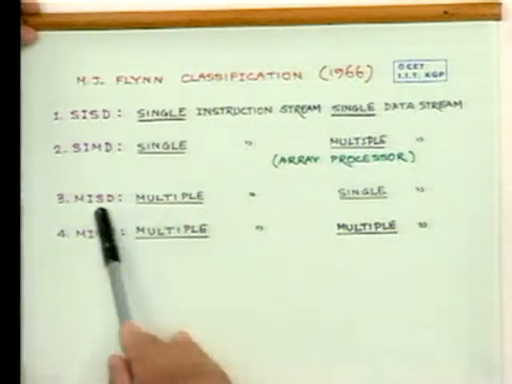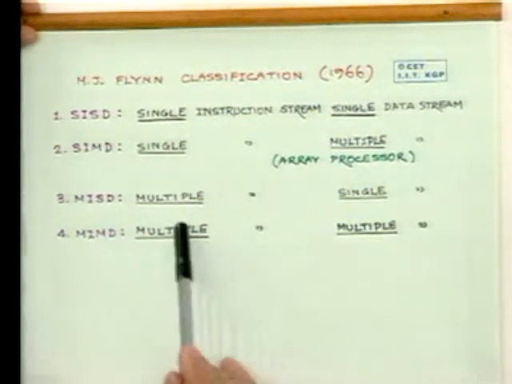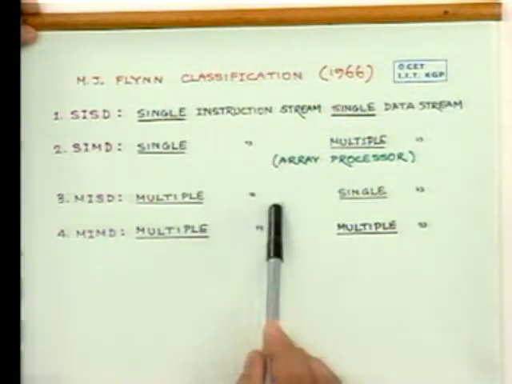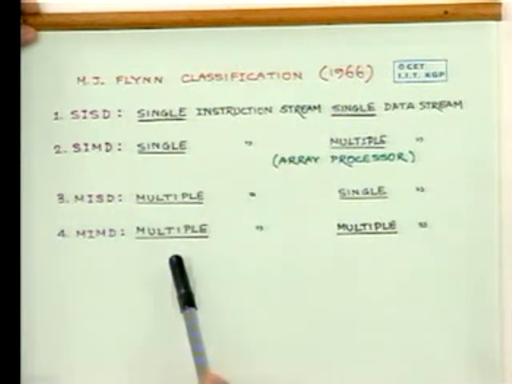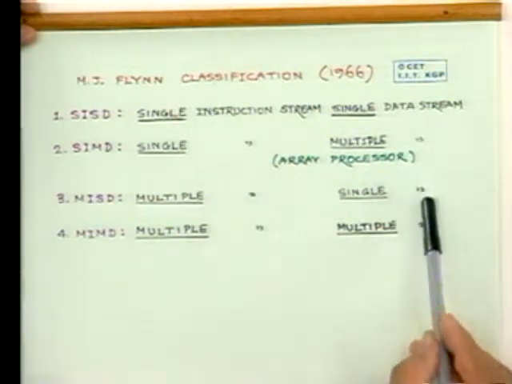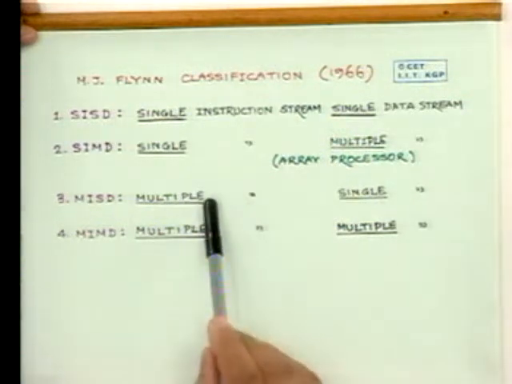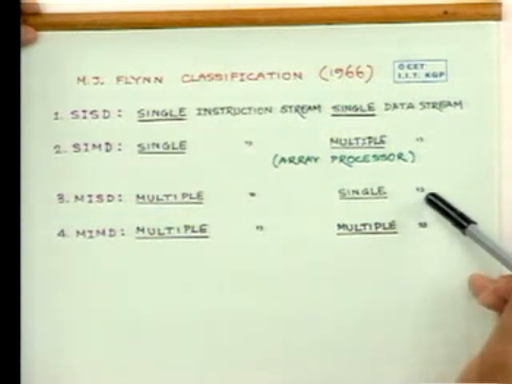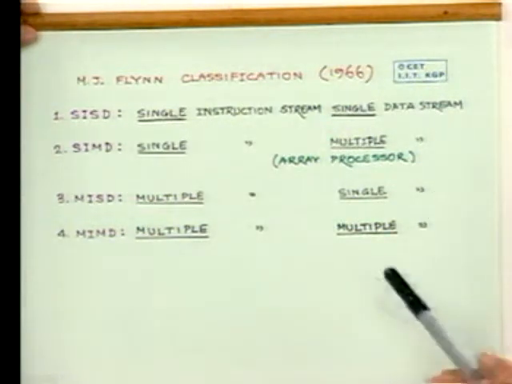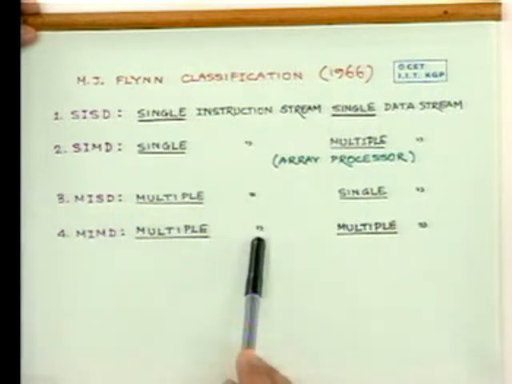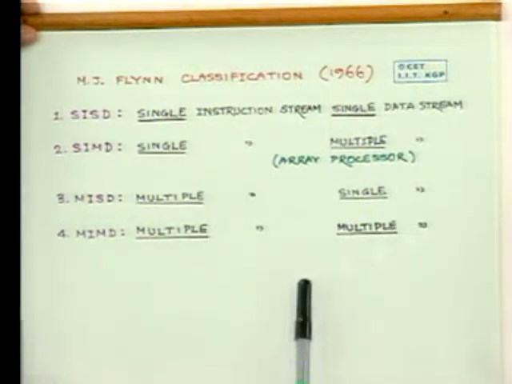Then there can be multiple instruction, single data stream, MISD. This can be the situation in the case of a fault-tolerant machine, where the same process is executed on different data, and in the case of a failure, majority voting is taken to accept which is the correct result. There can be MIMD, that means multiple instruction stream, multiple data stream.